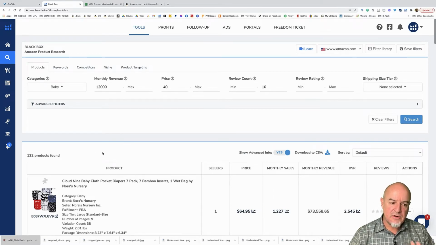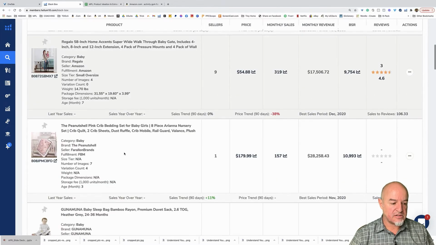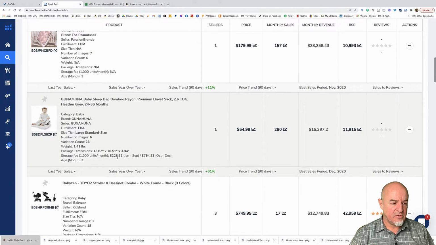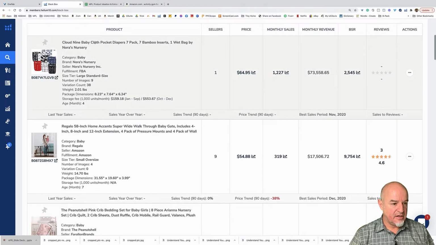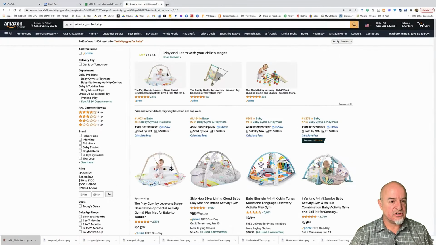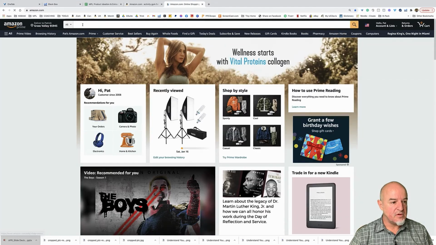Now, as I said before, this products tab, it's cool to go in here and use this to maybe perhaps get some ideas on products or markets that you could possibly go into, but you would have to explore further, okay? So for instance, on this product right here on top, under cloth pocket diapers, you'd want to go out and search on Amazon for cloth pocket diapers, because let's say you're wanting to really see the market.